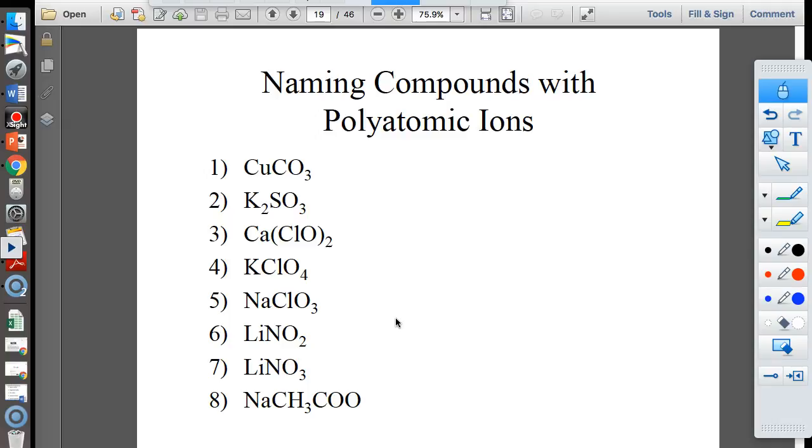Now, what is the charge of carbonate? Did this way go a little bit better? Yes, because with the carbonate, you have one of each, right?